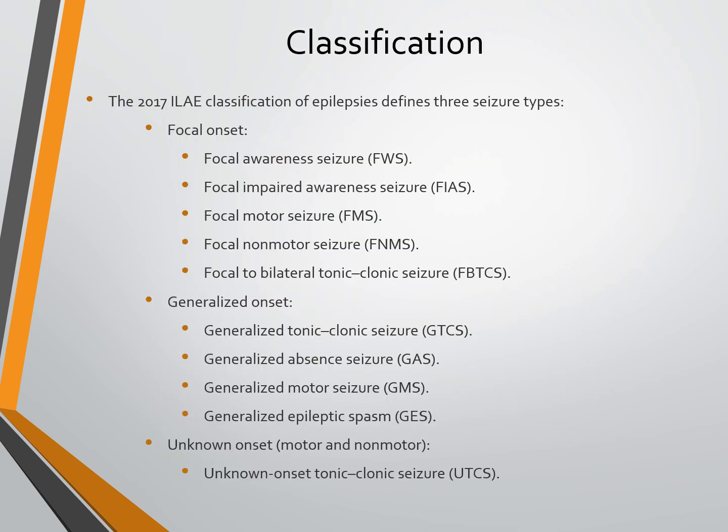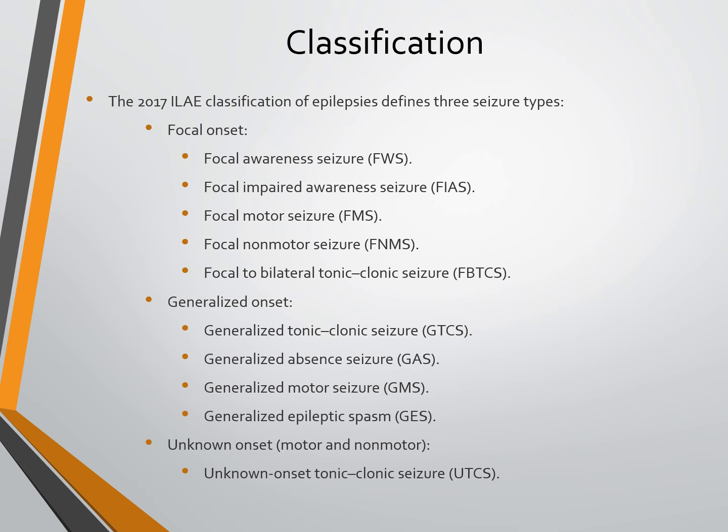Seizures are classified as either focal, generalized, or unknown. Within the focal category, we have several different types. You have the awareness seizure, the impaired awareness, a motor seizure, a non-motor seizure, or a bilateral tonic-clonic seizure.